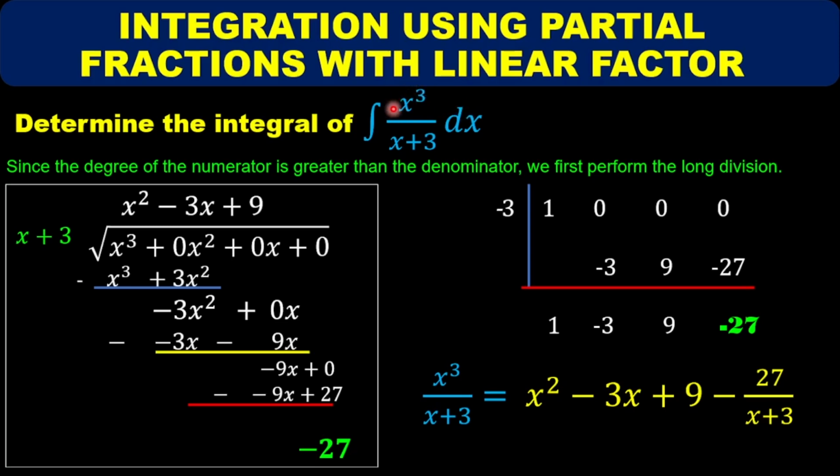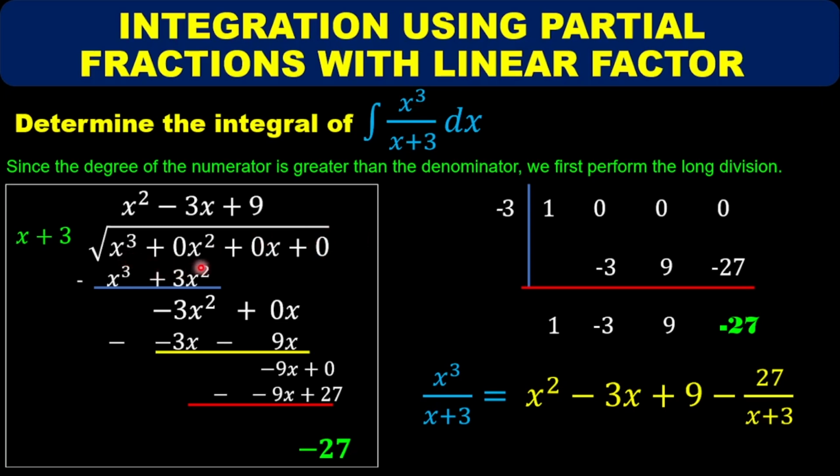So this x cubed is what we see here. But because there is no x squared, we bring the x squared with a coefficient of 0. And because there is also no x in the original question, we bring the x and assume its coefficient is also 0. Then we don't have any constant, so we assume the constant there is 0.